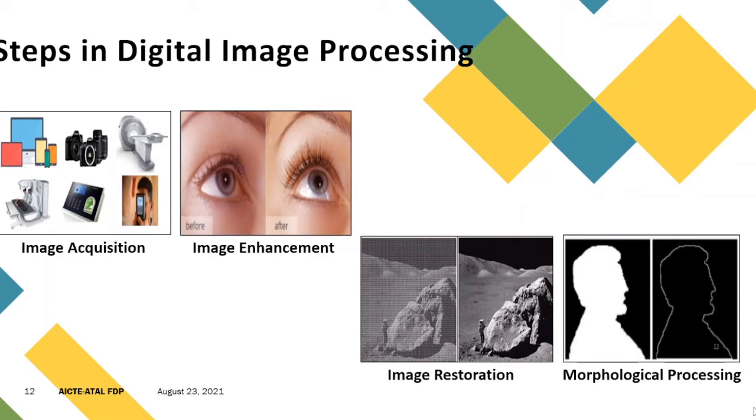Why? Noise may be encountered, some blur. What do you say sometimes? No, this image is not very clear. This image is blur. Blur means noise has been introduced. The quality has deteriorated. So image restoration is to improve the quality of our image, but this is objective in nature.